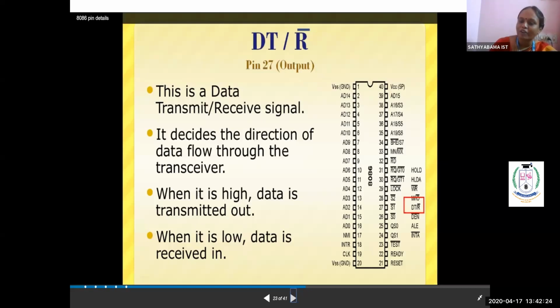High means data transmit, low means data receive. That's why they put R bar. So when it is high, data is transmitted. When it is low, data is received.